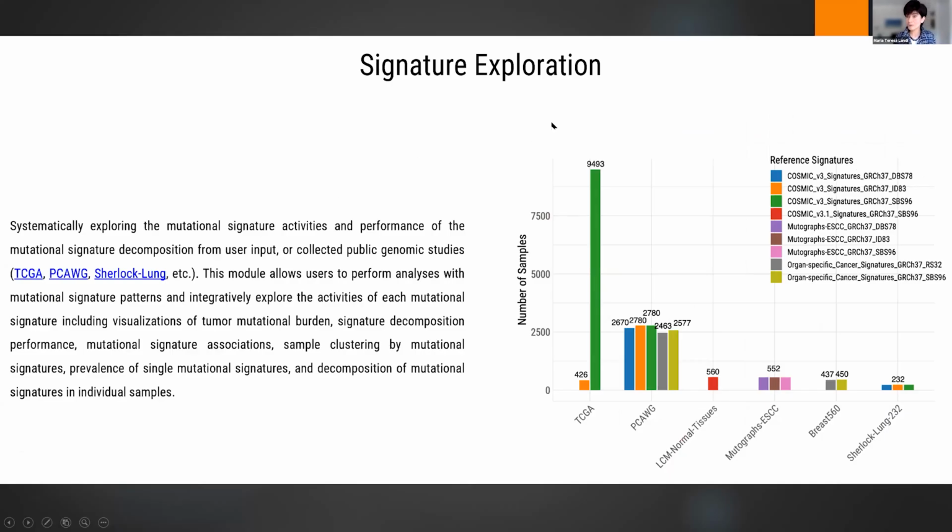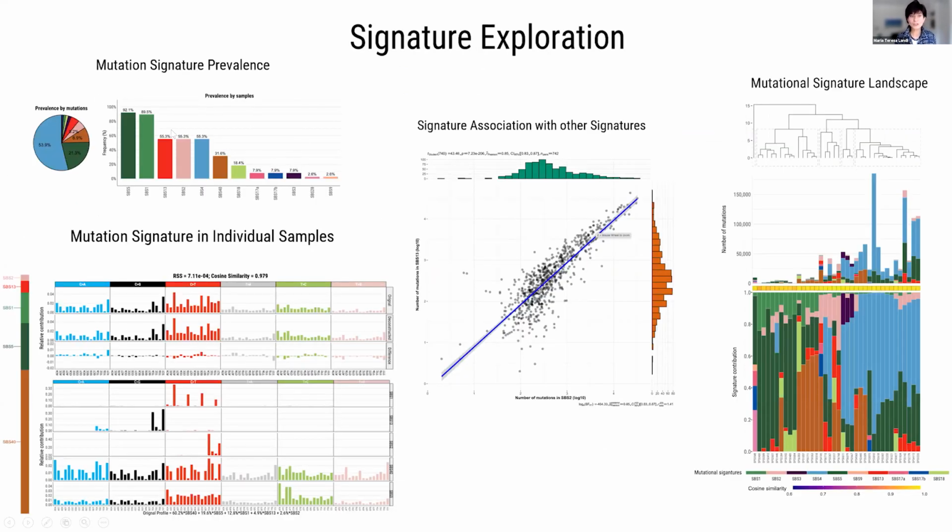And for the signature exploration, again, one can use his or her own data or use COSMIC, Mutographs, or organ-specific cancer data, and test for the activities of each mutational signature in the samples. So, for example, looking at the prevalence of the mutations in each sample, or the mutational signature combinations at each sample level, or associations across signatures, or the landscape in the samples of the signatures, and so on.